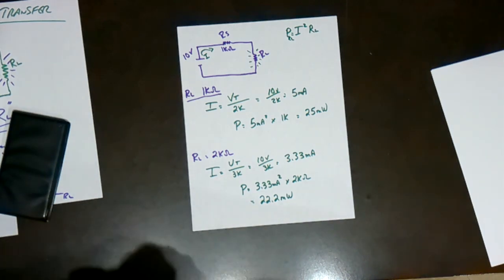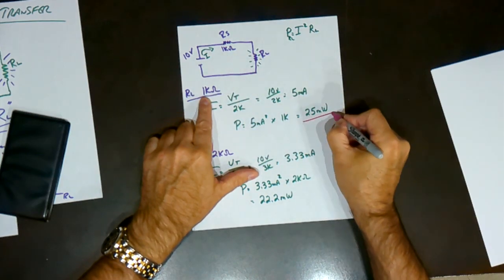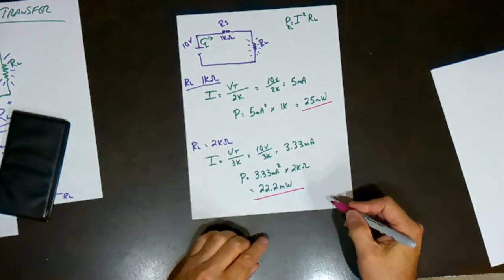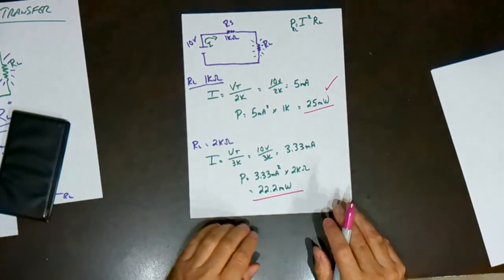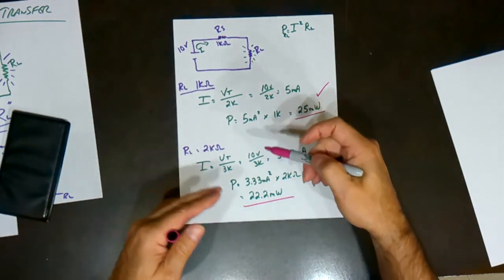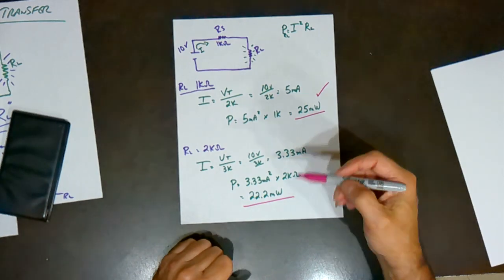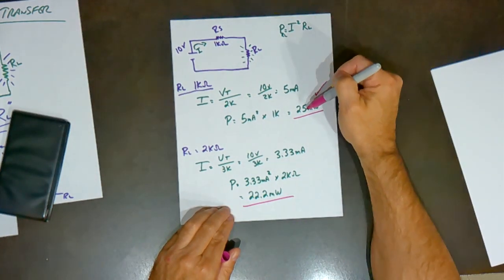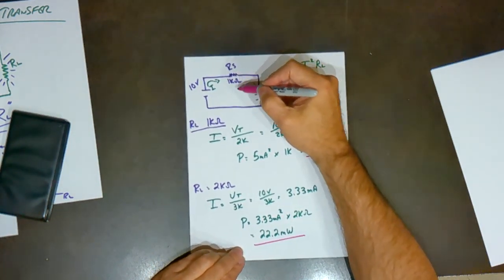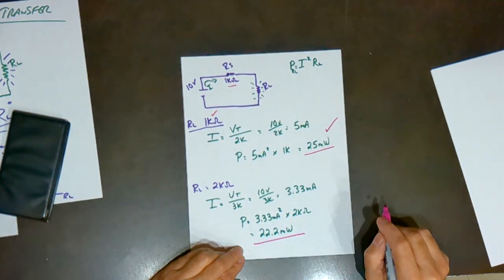So when we compare the power delivered to the 1K and the power delivered to the 2K, it's obvious that this one has a higher power. Between these two resistors, this one had the higher power. And we know that this will become the maximum power transfer point because this resistance equals this resistance.